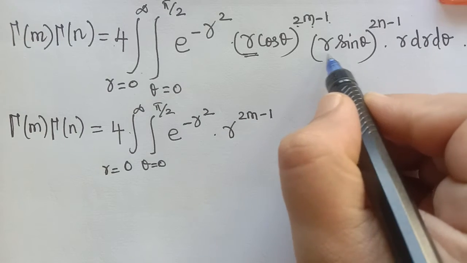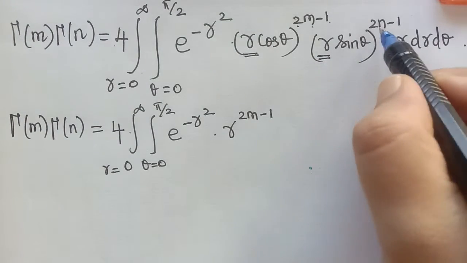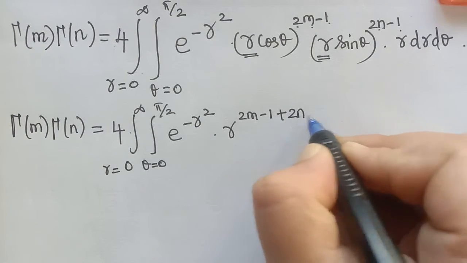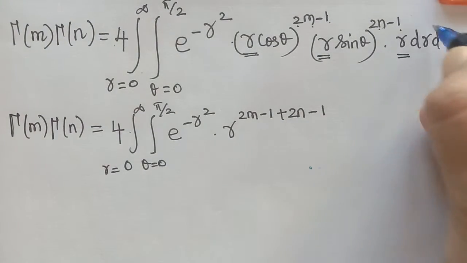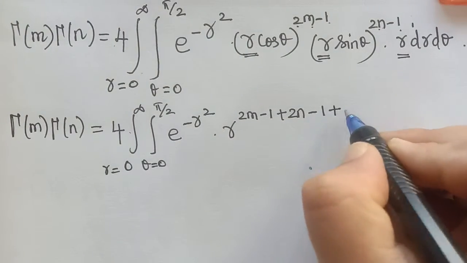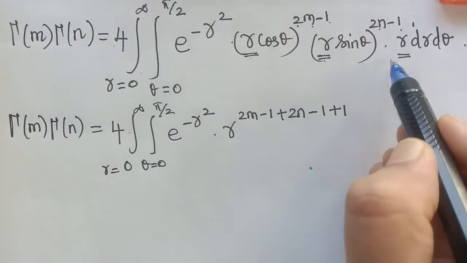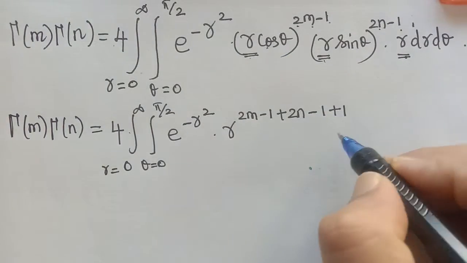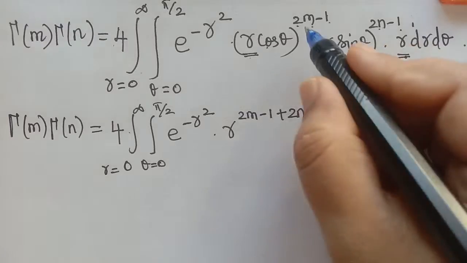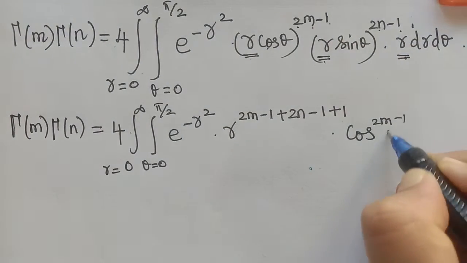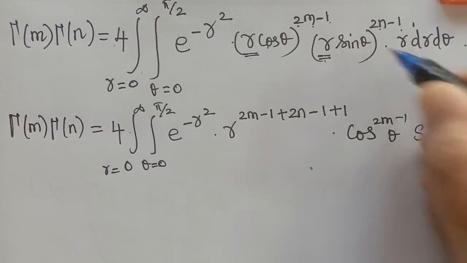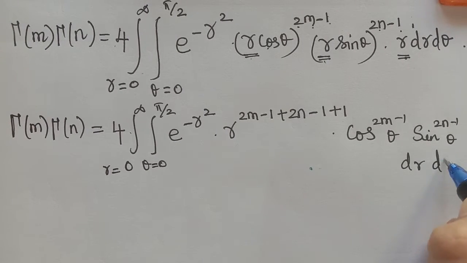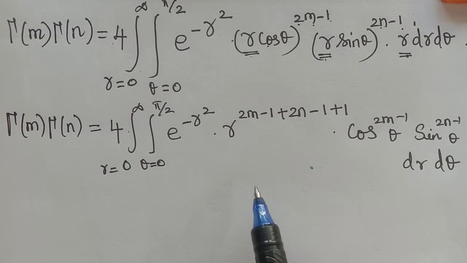I am gathering the terms of r, multiplied with r to the power 2n minus 1. So we should add the powers. So plus 2n minus 1. And here we have r to the power 1, so plus 1. So I have added all the powers of r. Next we have cos to the power 2m minus 1 theta, sin to the power 2n minus 1 theta dr d theta. So this is what we obtain.